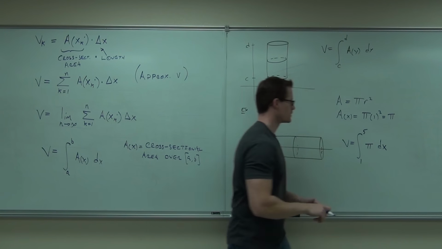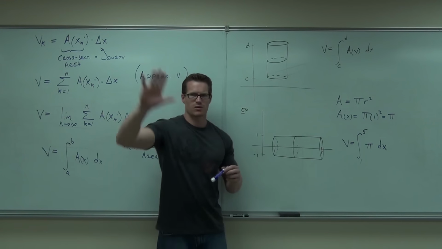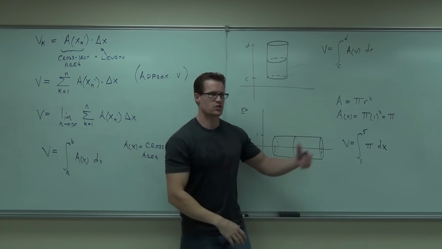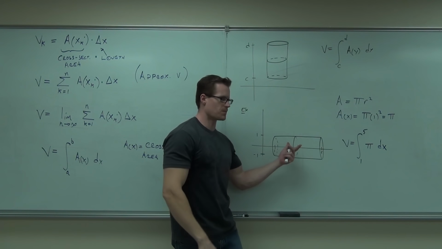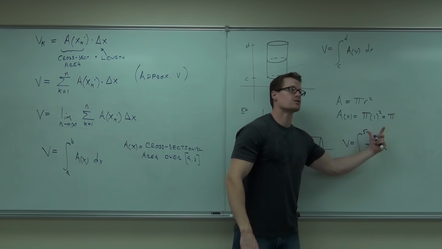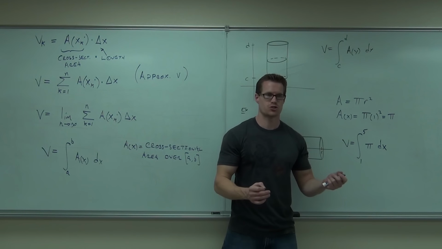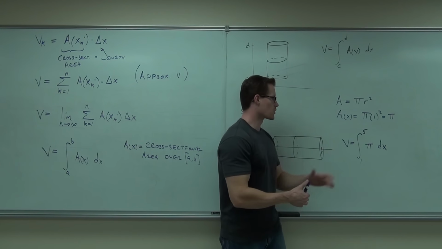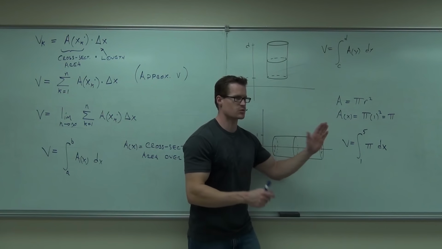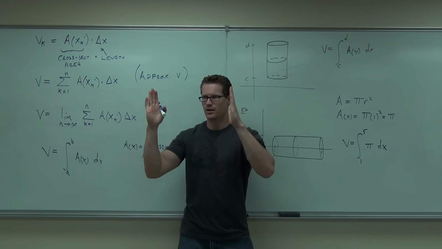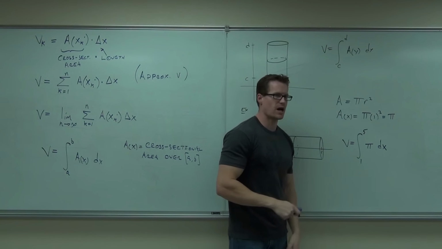Show of hands, how many people feel okay with this so far? Cross-sectional area is just the area of a circle. That's pi in this case, the radius is 1. That is a constant. There are no x's because it does not change. If it changed, it'd be a function in terms of x. We're going from 1 to 5 because that's where we start and stop, where our planes are perpendicular. Can you find the integral of pi dx?